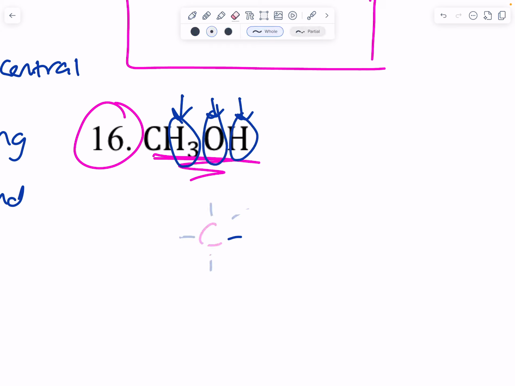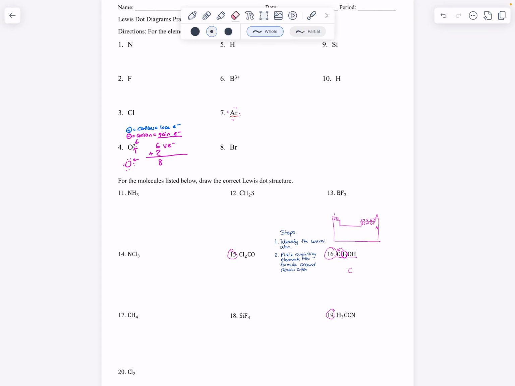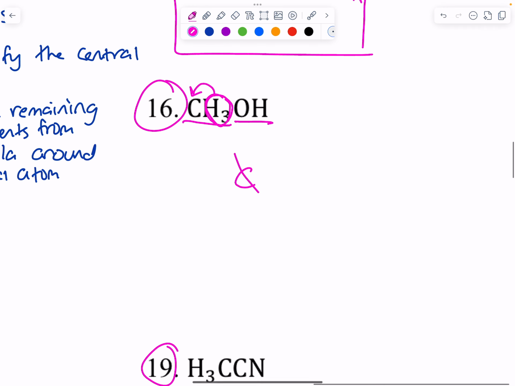So how am I going to attach that 5th thing? I'll show you. Let me erase all this. Again, we're starting off with carbon as our central atom. The formula is going to help us piece it together. The first part of the formula where carbon is, I have 3 H's that are directly touching this C. Meaning, if these 3 H's in the formula are directly touching the C, those 3 H's in the Lewis dot structure will be directly touching the C. So I'm going to draw those 3 hydrogens touching the carbon.